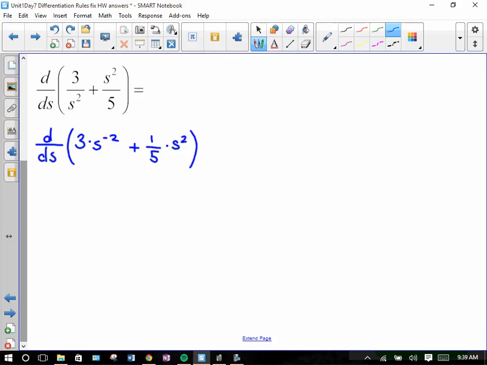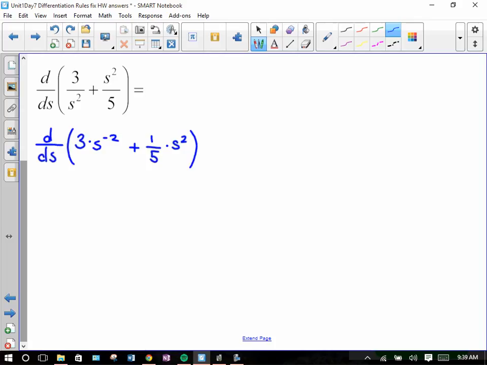There's the property of exponents where you can take a term that has an exponent and is written in the denominator and move it into the numerator, which just makes it negative. Alright?